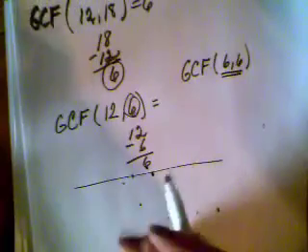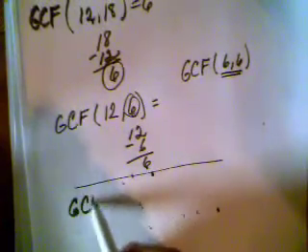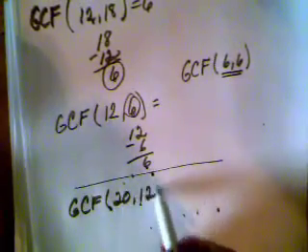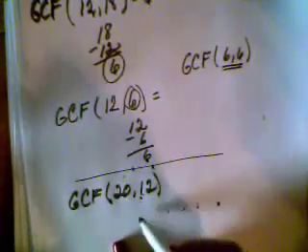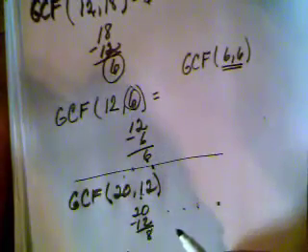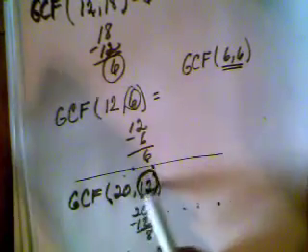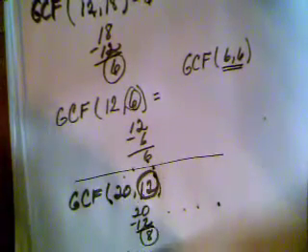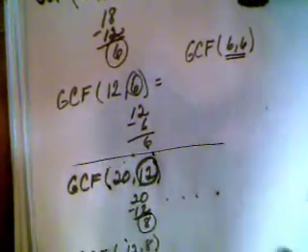Let's look at another example. Let's try to find the greatest common factor of 20 and 12. So I'm going to take 12 away from 20 and I get 8. So now I'm going to take the smaller of the two and the difference, and I'll do that again.